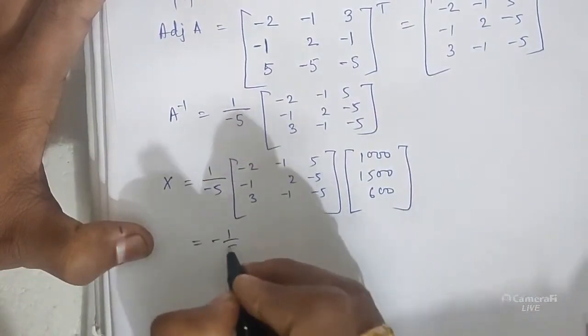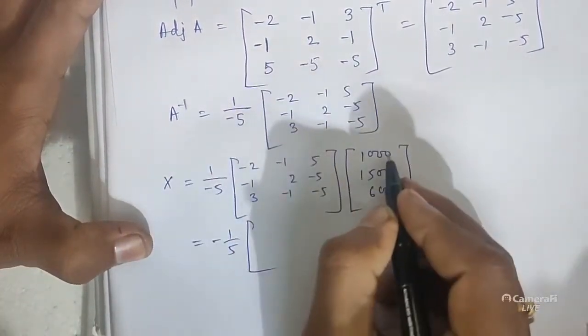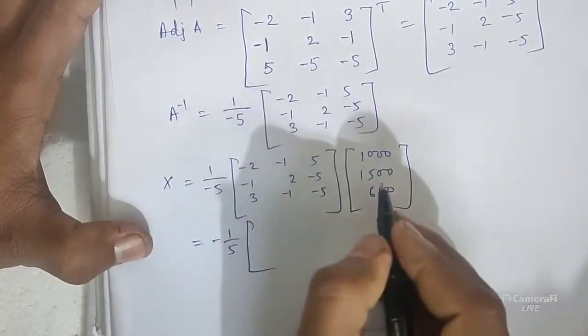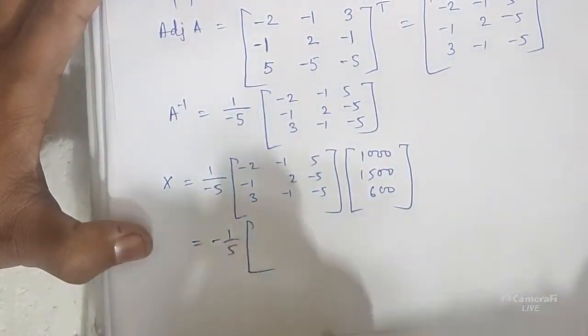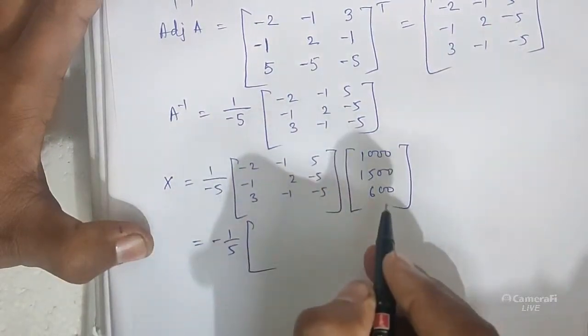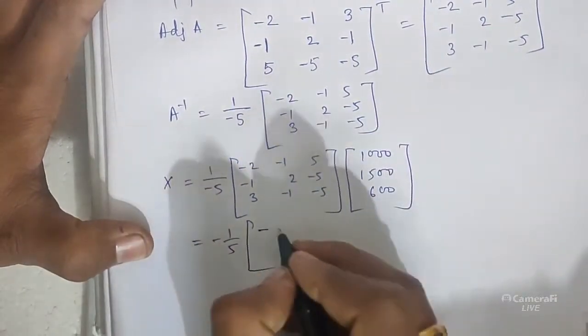If we multiply, what we will have here? Minus 2000 minus 1500, that is minus 3500, plus 3000, that is minus 500.